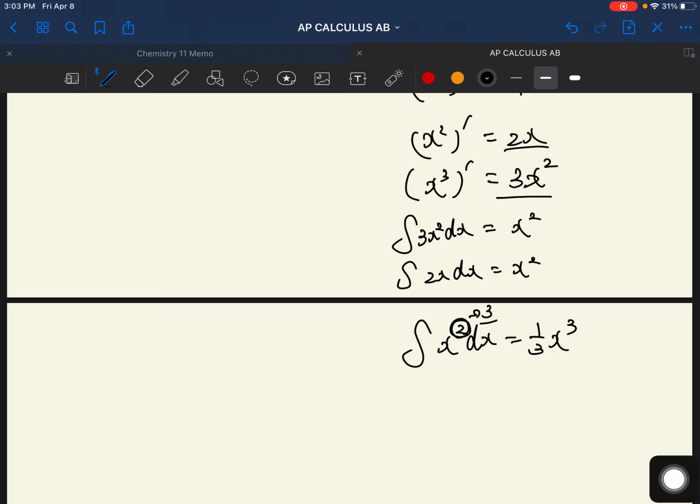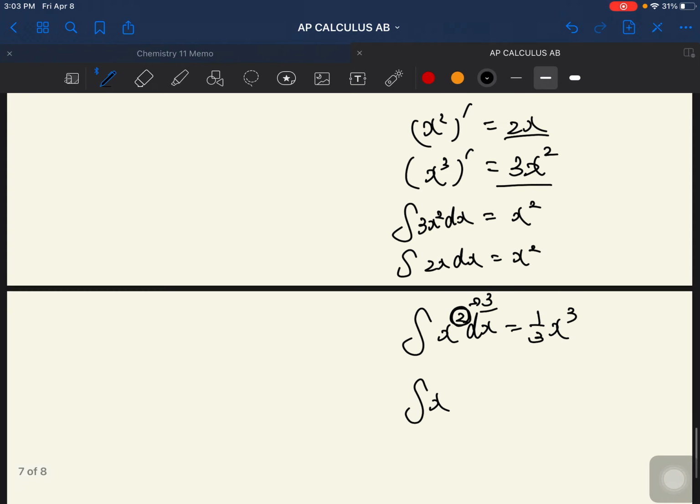That's it. So for example, if this one is x raised to 4, you add 1 to this number, which is 5, and the reciprocal of 5 is 1 over 5 times x raised to 5. That's how it works.